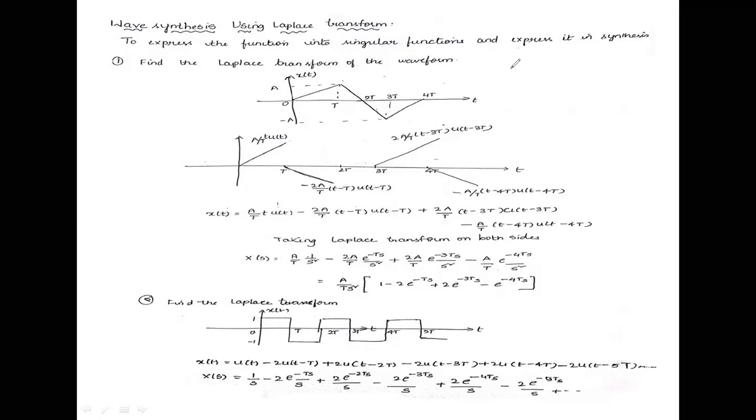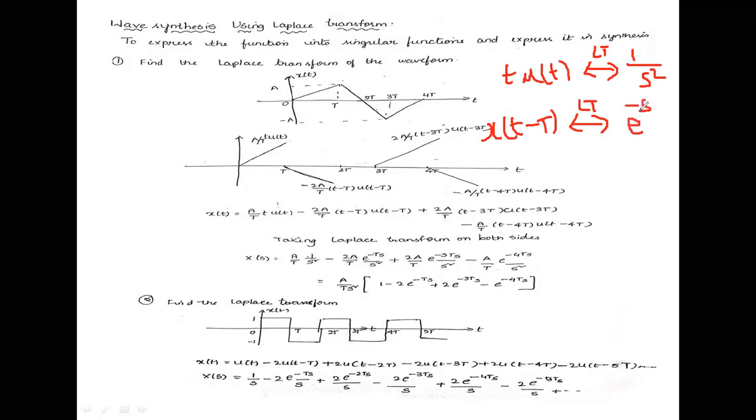Using the second shifting property, the time shift property of the Laplace transformation, it is e power minus s into whatever the shift is, let us take it as tau, into X of s.